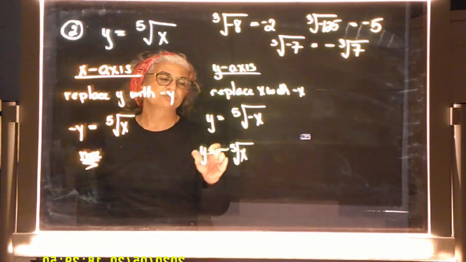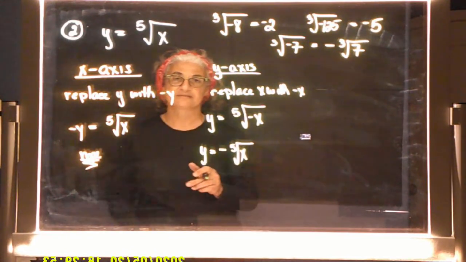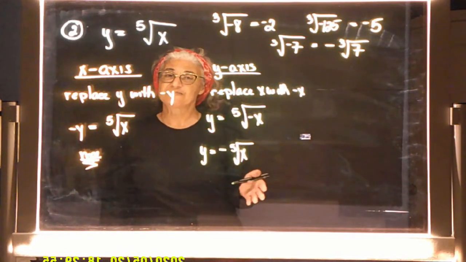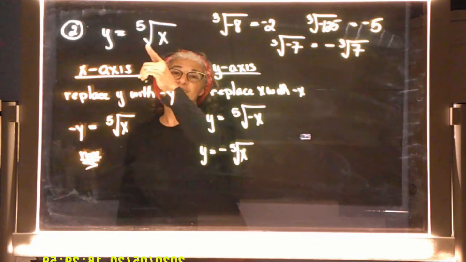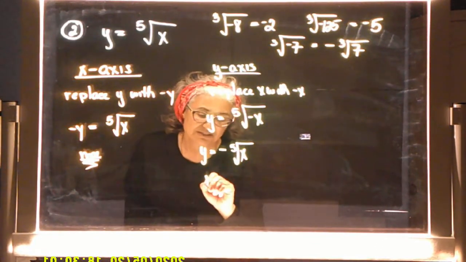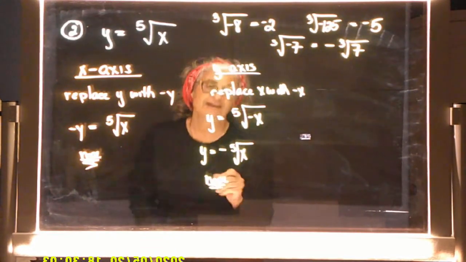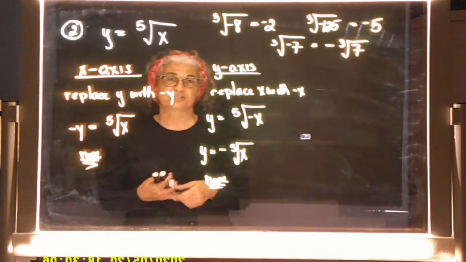So I have y equals a negative fifth root of x. Can I simplify it any further? Nope. Is this equation equivalent to the original one? No, it's not. So I don't even have any y-axis symmetry in this case.